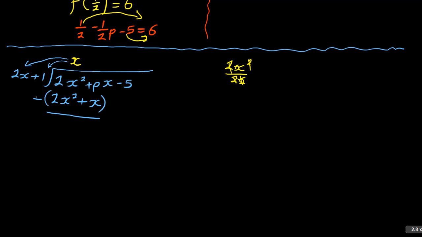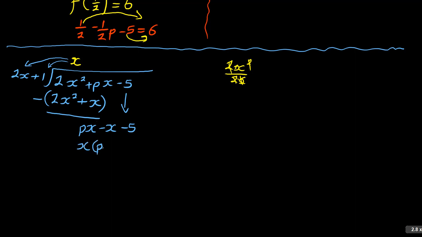So 2x squared minus 2x squared, I get a 0, and px minus x, I'm going to get px minus x, and then I'm going to bring down the negative 5. Now something interesting, you can see that x is common, so I can say x is common.